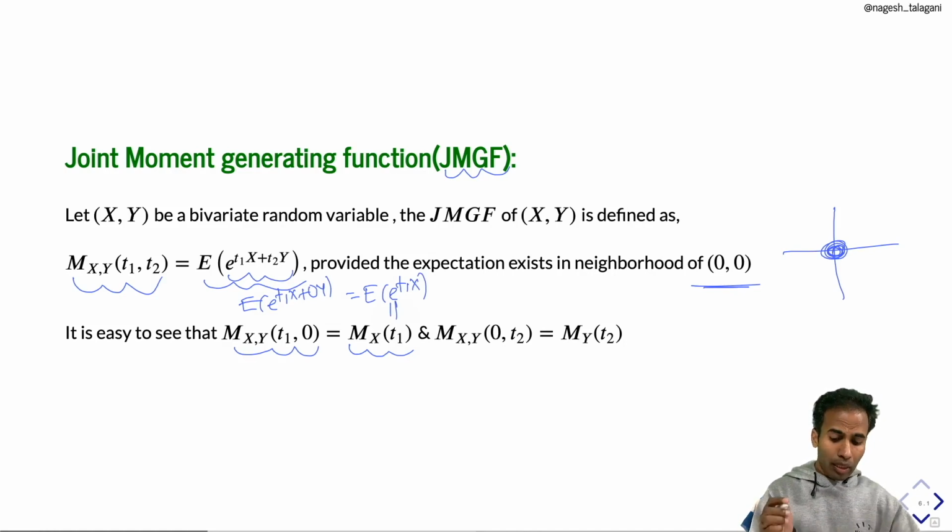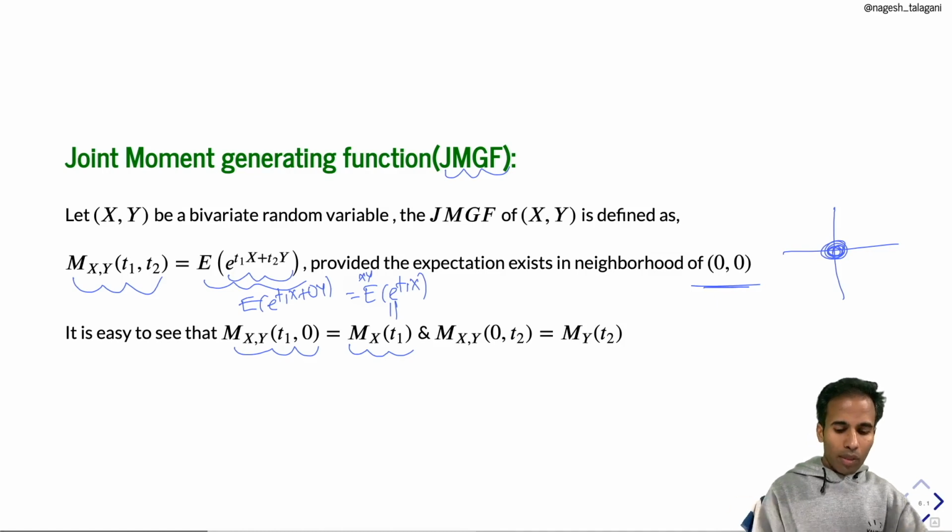Wait a minute. Isn't it supposed to be a joint expectation? Question is, for a function of a univariate random variable X, is the joint expectation the same as the univariate expectation?